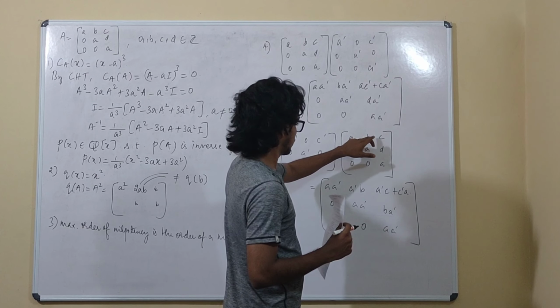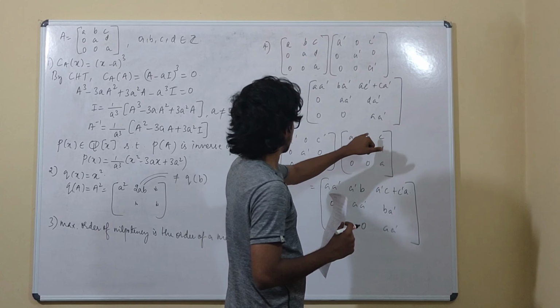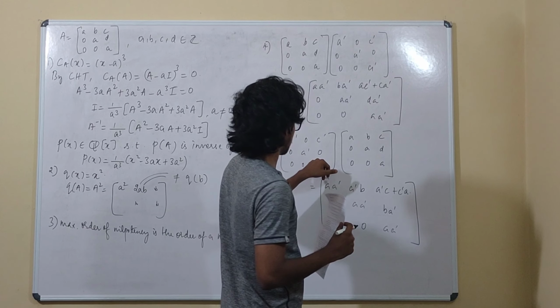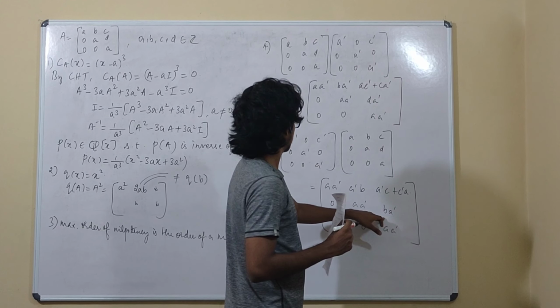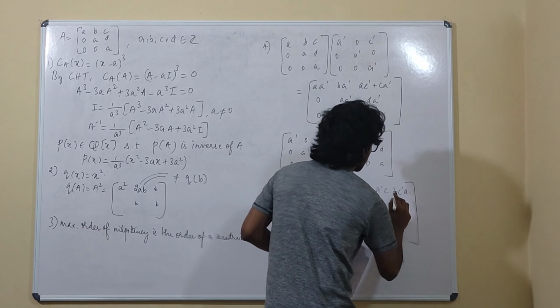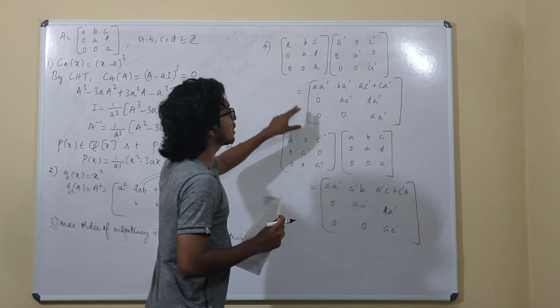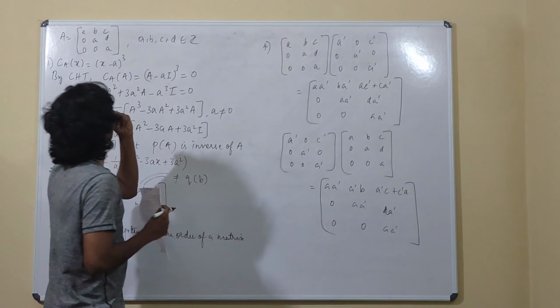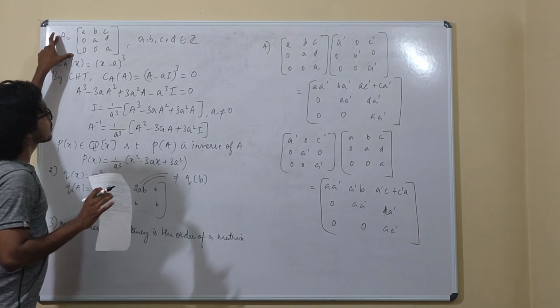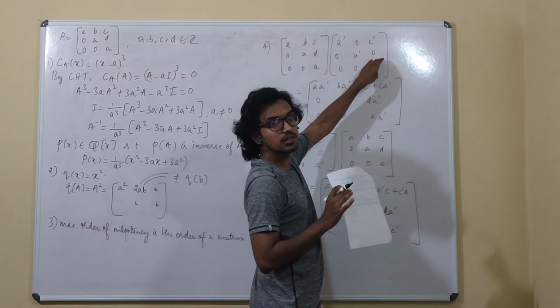When you do this with, okay, here. Second with, yeah. Sorry. Yeah, we are getting D A prime. So these two are equal. Hence, every matrix of this form commutes with the matrices of this form.